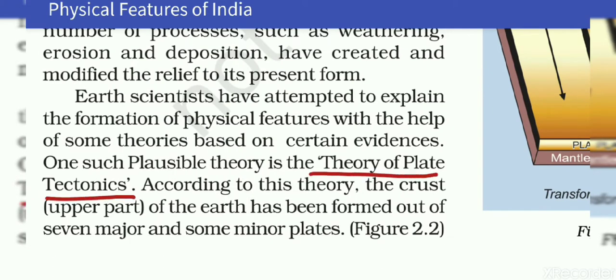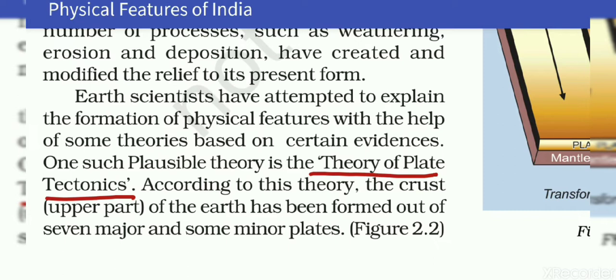theory of plate tectonics. As you know, time to time many scientists have attempted to explain the formation of physical features with the help of theories and evidences. One such plausible theory, meaning reasonable theory, is the theory of plate tectonics.